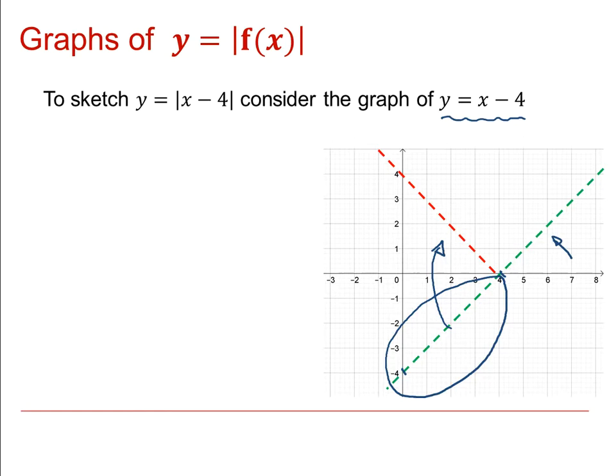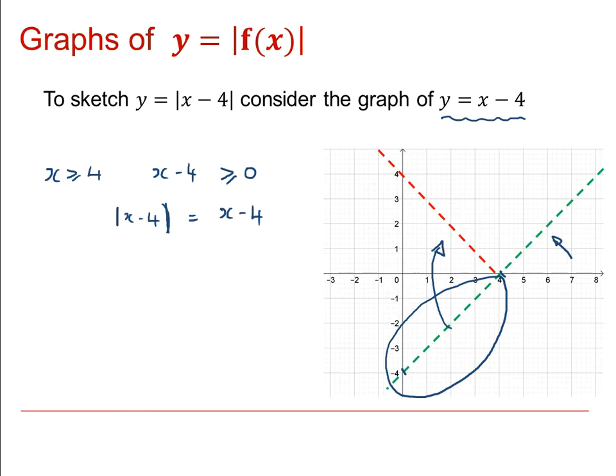Considering that algebraically, then we can say when x is greater than or equal to 4, then x minus 4 is greater than or equal to 0. And therefore, the modulus of x minus 4 will just be equal to x minus 4 itself.